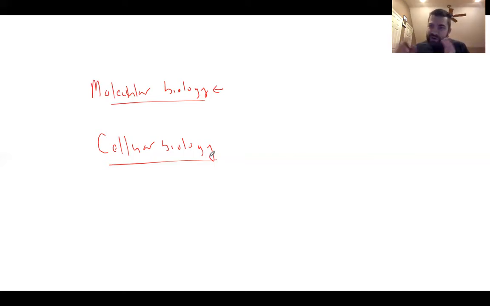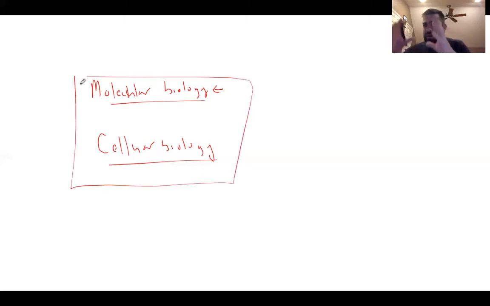But we're going to limit ourselves to this general range of the molecular biology, cellular biology range of problems, from biological macromolecules up to cells and small communities of cells.